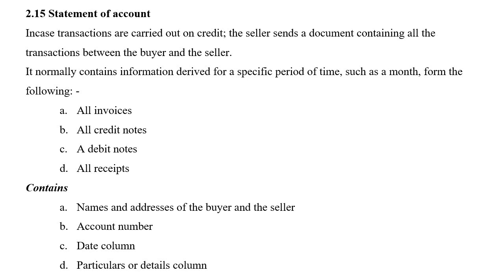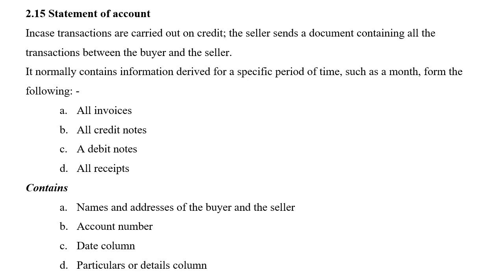Let's say in a case whereby transactions are carried out on credit. The seller sends a document containing all the transactions between the buyer and the seller, and it normally contains information derived from a specific period of time, let's say a month, from the following: all invoices, all credit notes, debit notes, all receipts.